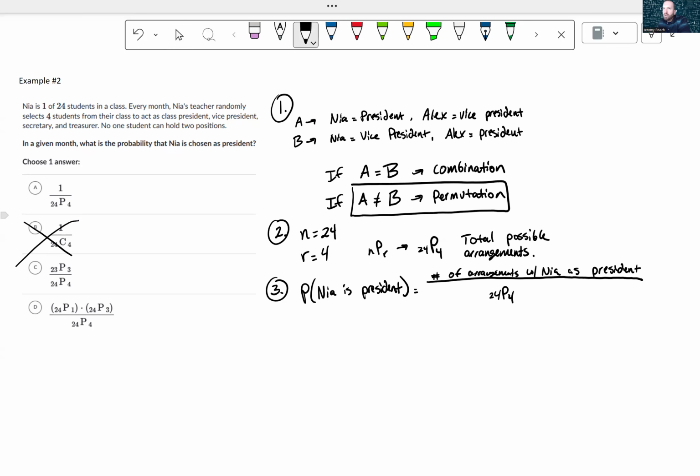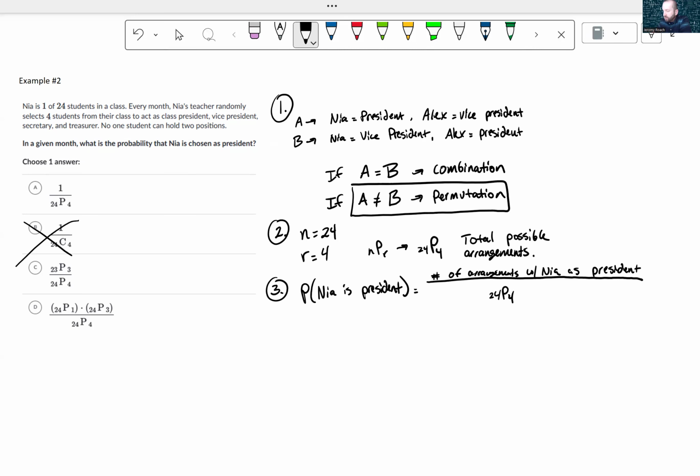Okay, so the number of arrangements with Nia as president: since Nia is already president, we now have to figure out the other people being selected for the other roles. So there are now 23 students left when Nia is president.